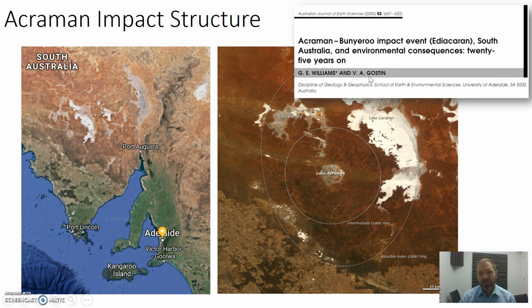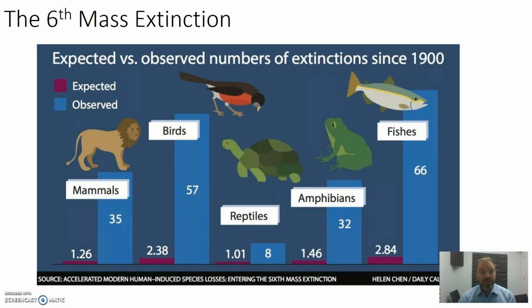So Victor Gostin here, someone who I know, published this working through the University of Adelaide around how the Acraman impact event had major environmental consequences. And so this is a review paper looking at some of the findings over the last 25 years after this impact site was discovered in the late 80s. So really important discovery in South Australia that has biological implications.